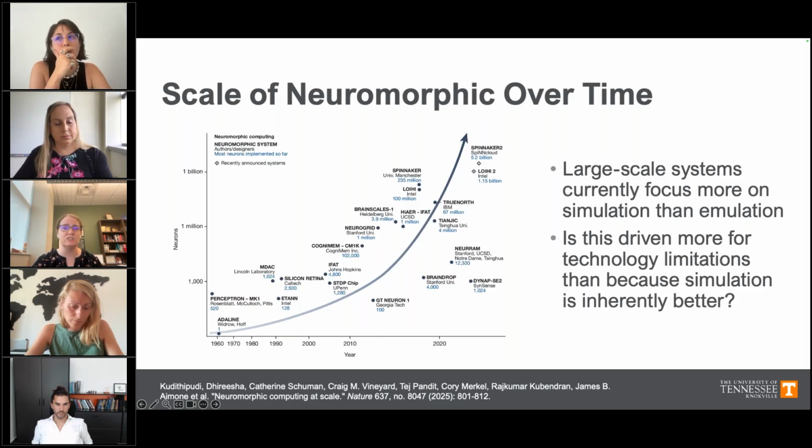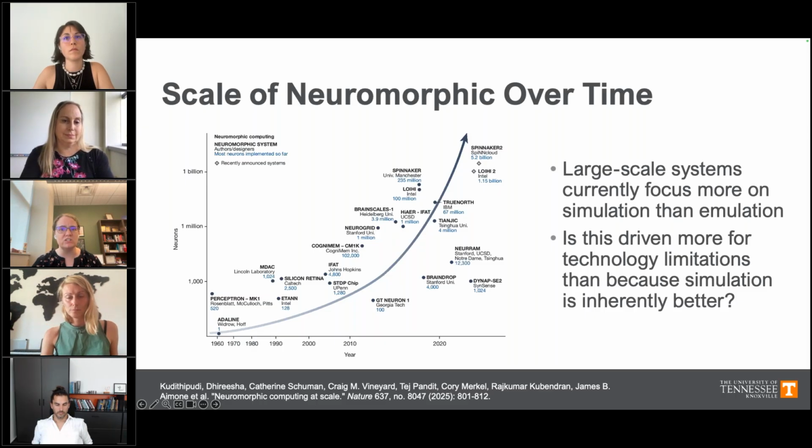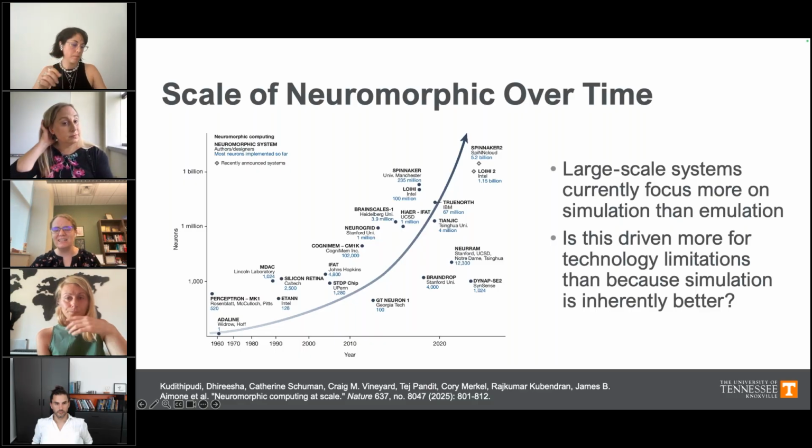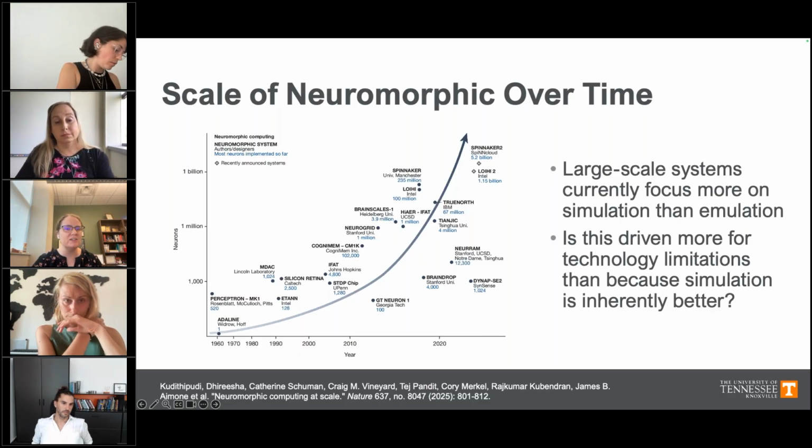Again, not just machine learning and not just neuroscience, but also optimization and graph algorithms, and have been able to do those very efficiently and often faster than conventional systems. These systems have focused more on simulation than emulation. A key question is whether that is currently driven by technology limitations, or because simulation is inherently better. I think that is something we could talk about.